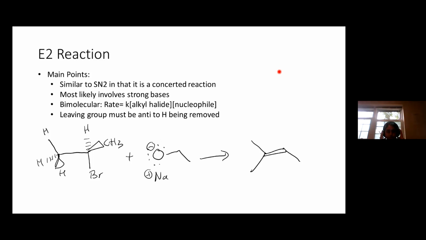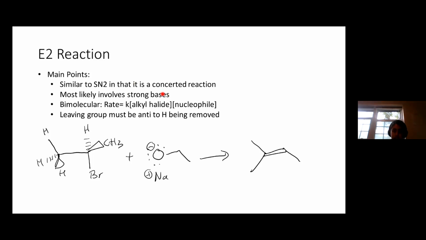Similarly to SN2, where we said SN2 involves strong nucleophiles, in this case, E2 is going to involve strong bases, because we're focusing on basicity, since those are the ones removing the H's.